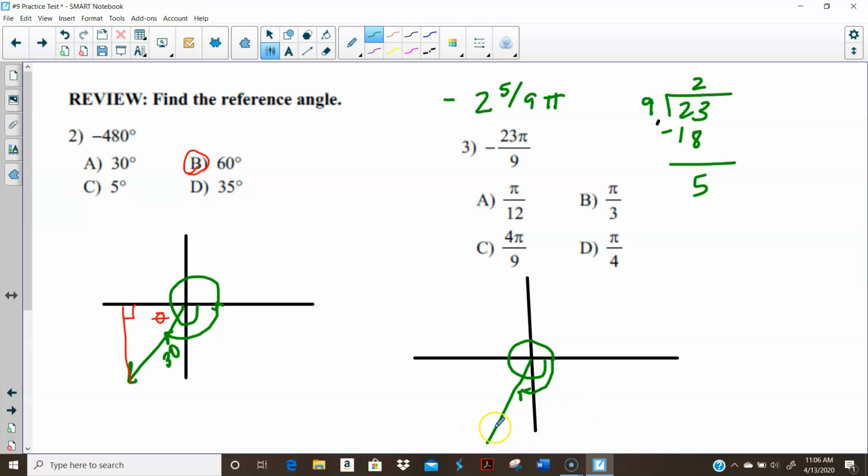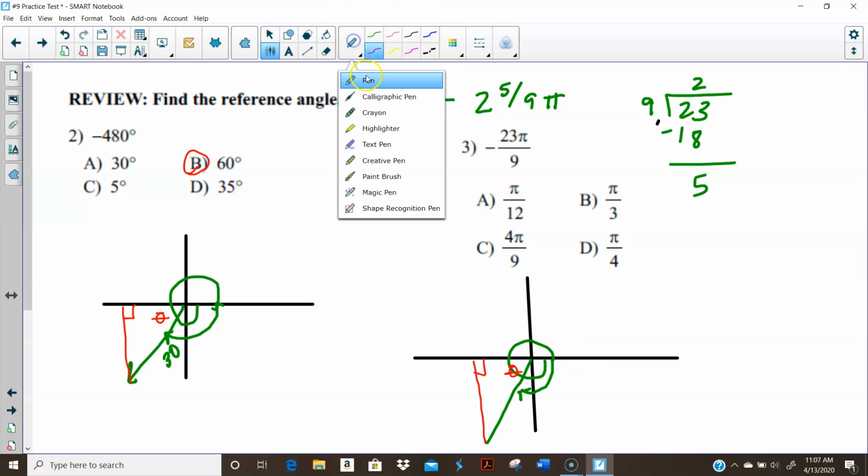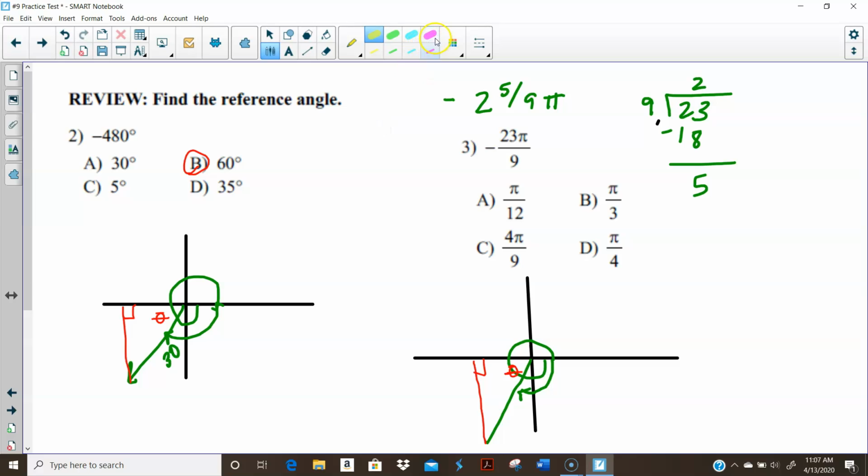And so the reference angle is when we draw a perpendicular line to the x-axis, and we're looking for this angle right here. So if you think about it, let me highlight, from here to here is 5/9 pi.